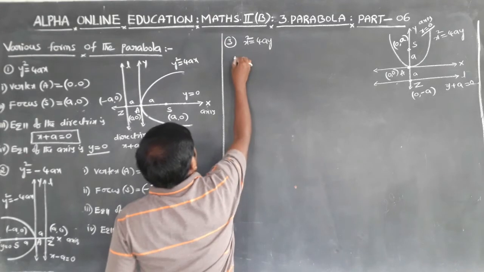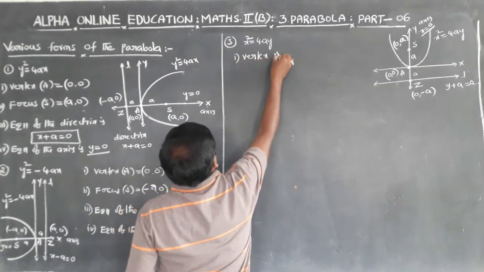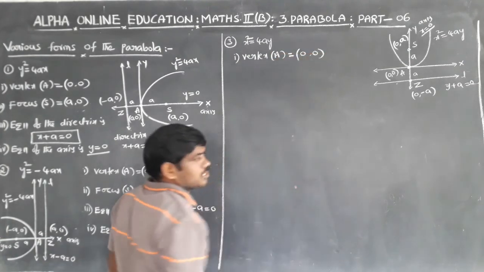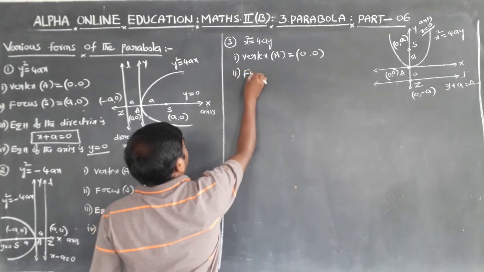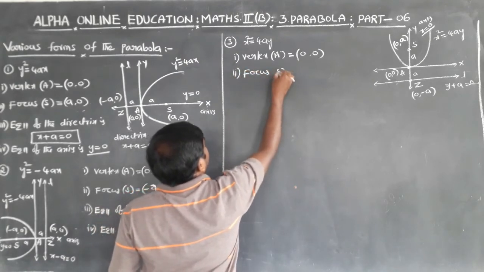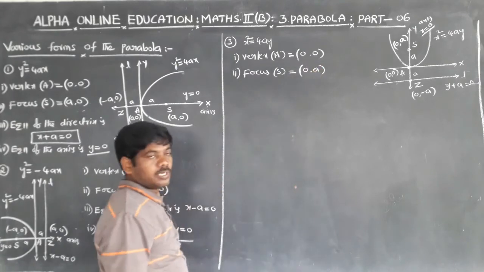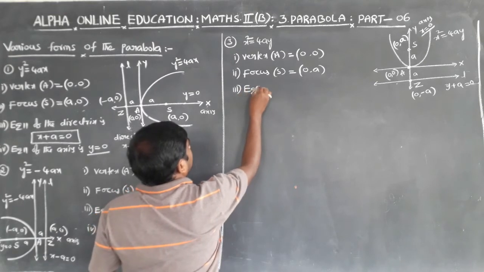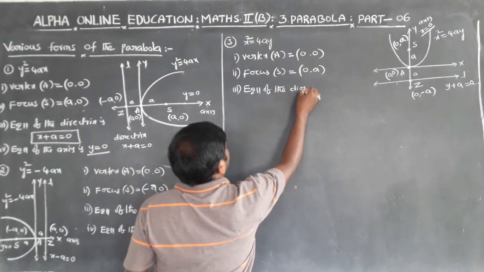First one is vertex. Vertex A is equal to 0 comma 0. Second one is focus. Focus S is equal to 0 comma a. Third one is equation of the directrix.